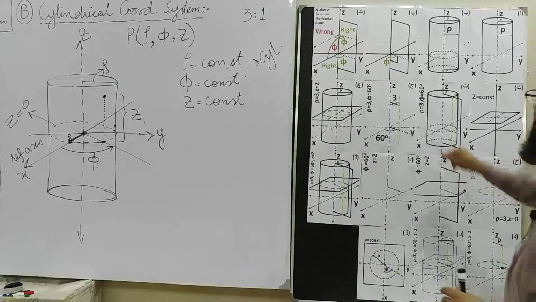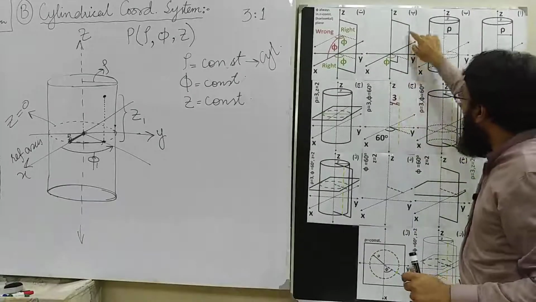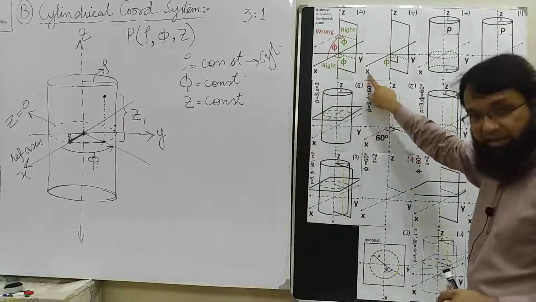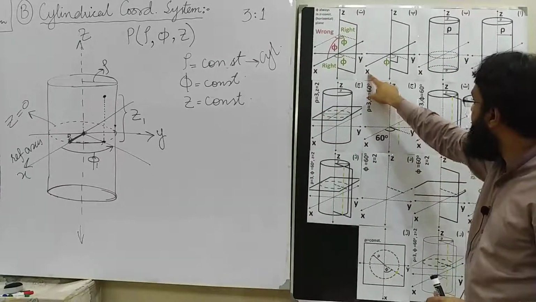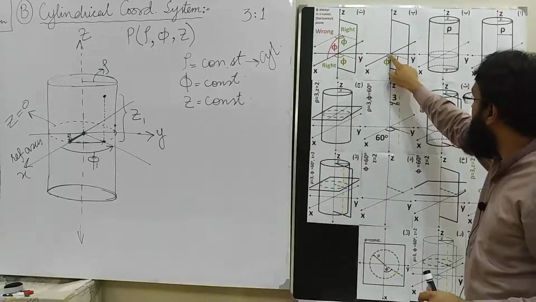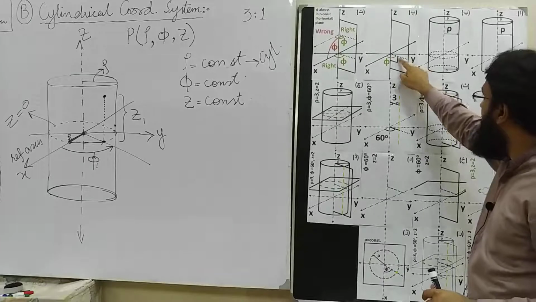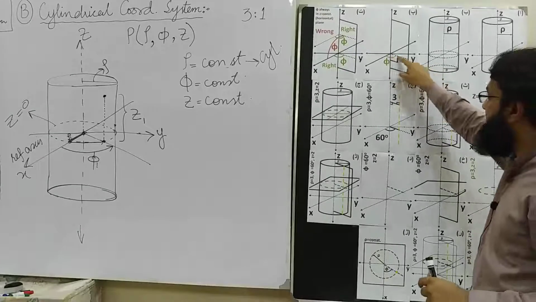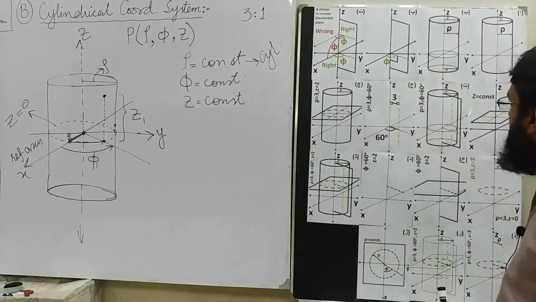So if I want to find the angle of this plane with respect to our reference axis, which is the x-axis, what we'll have to do is draw a line on this plane, on this phi equals constant plane.